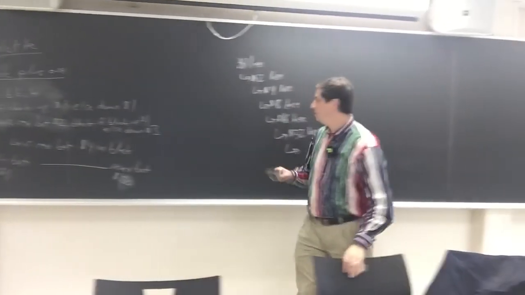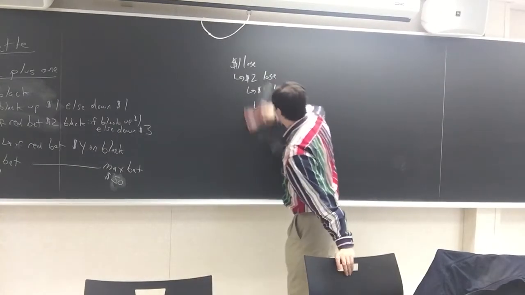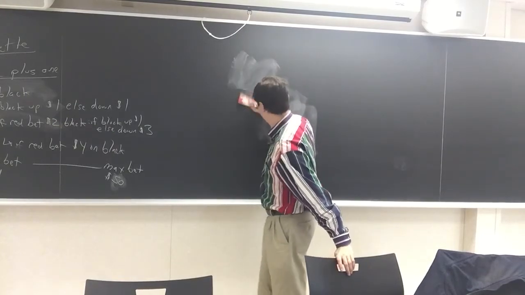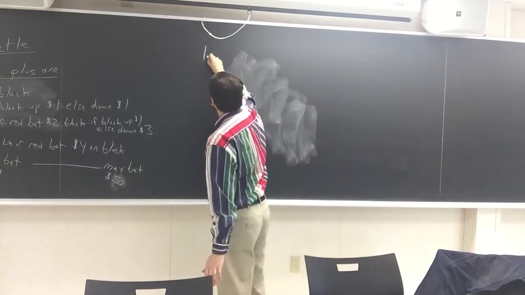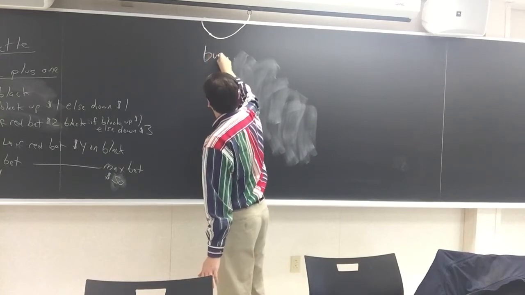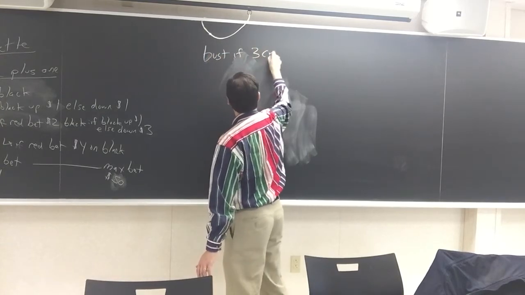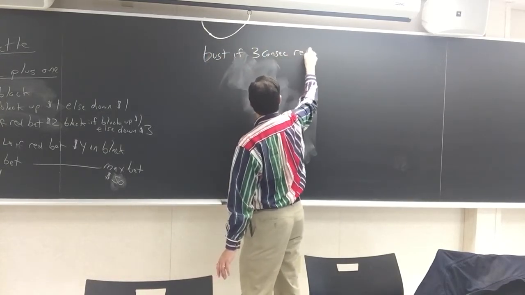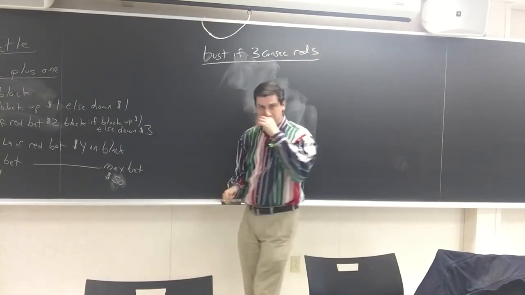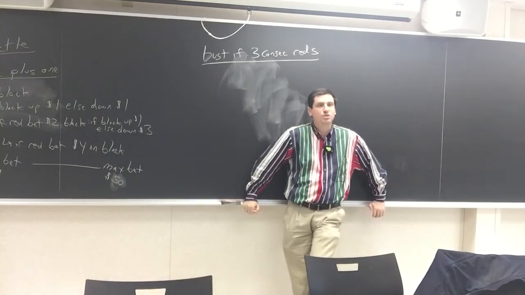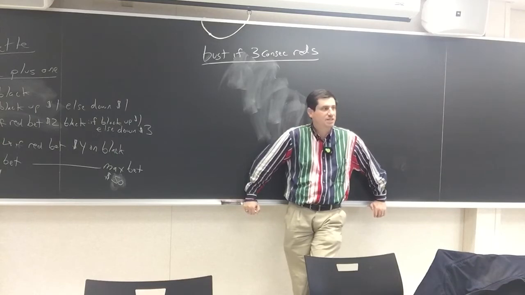So we can do the problem many different ways. I'm going to do an easier problem than this. Let's just say you bust if 3 consecutive reds. In Vegas, it's going to be more than that. But I want to do a smaller number so that we can analyze this in a reasonable amount of time on the blackboard.